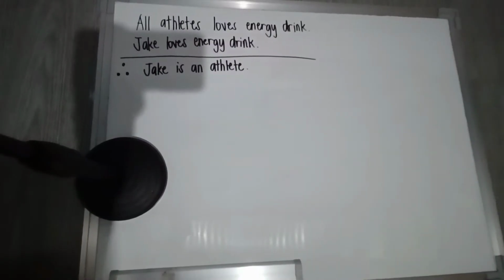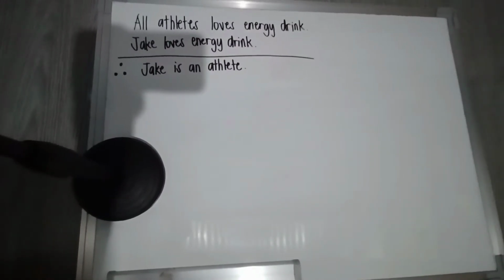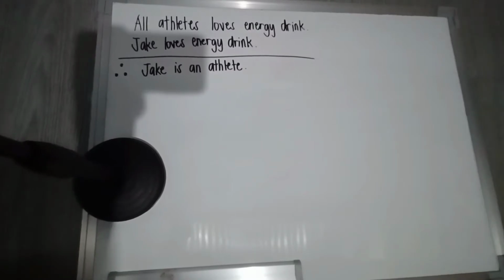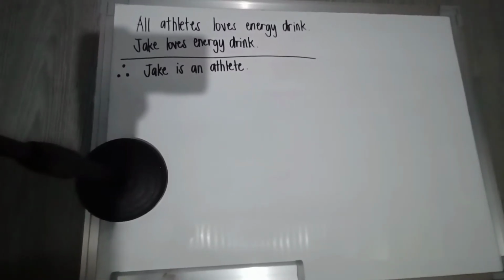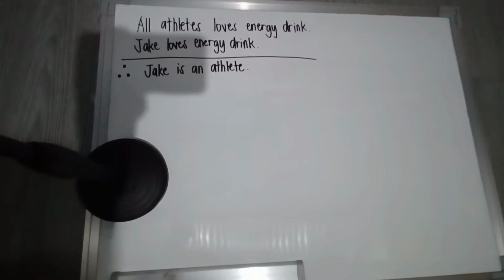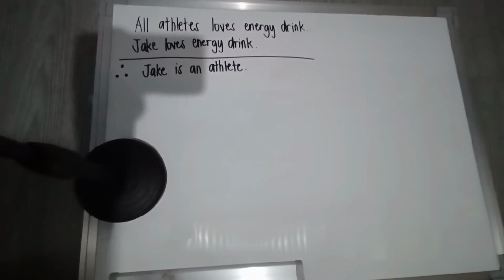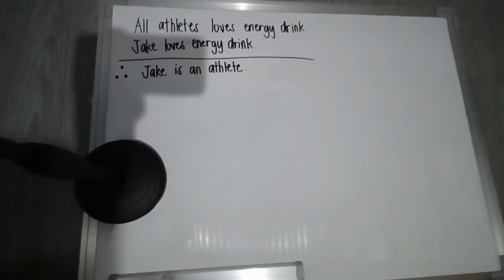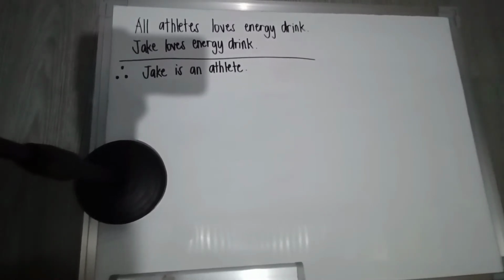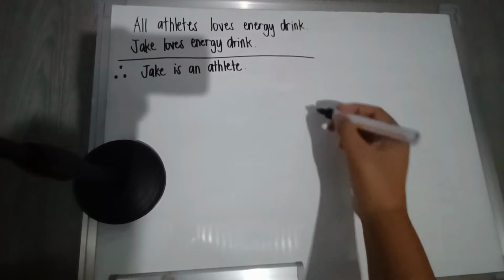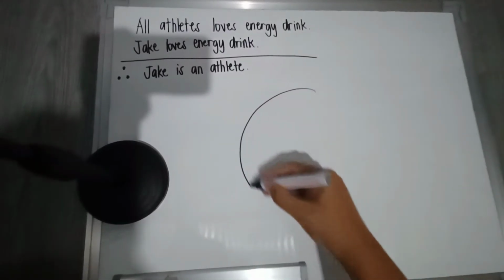For the last example, my two premises are: all athletes love energy drinks. Jake loves energy drinks. And my conclusion is, therefore, Jake is an athlete. All of our energy drink lovers go on the outside circle.